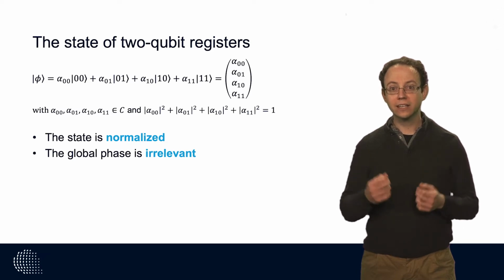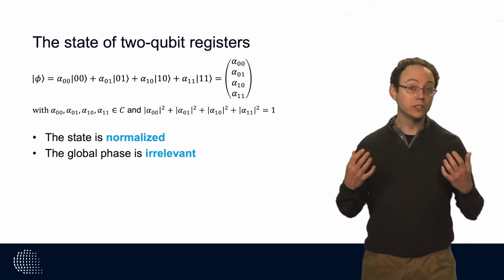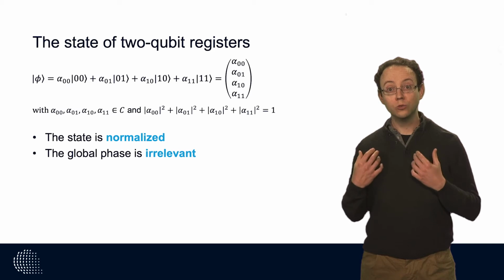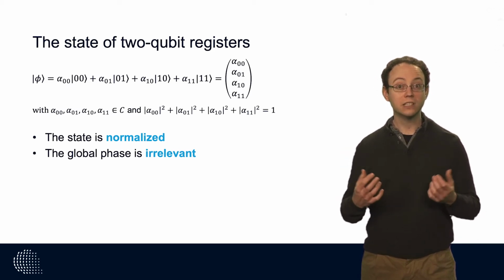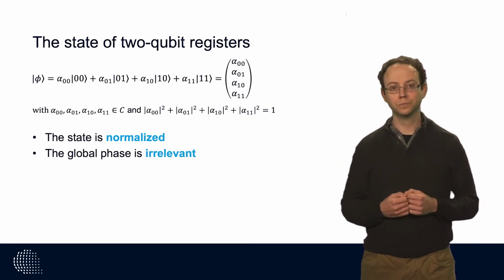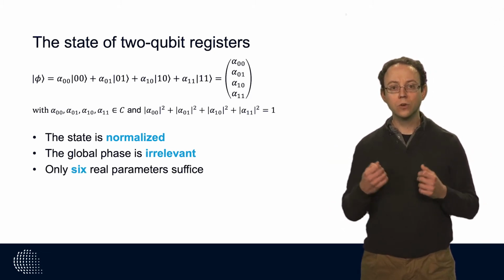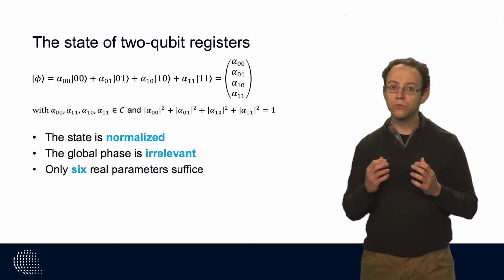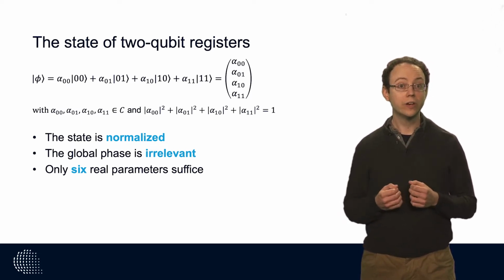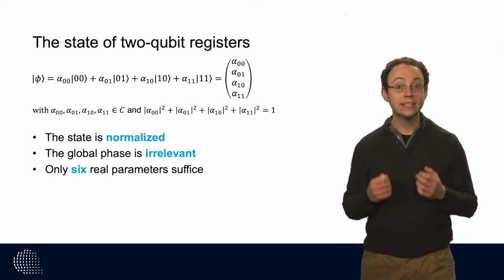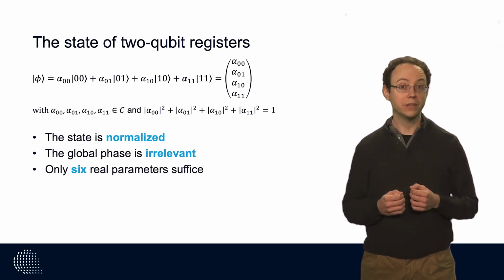And just like in the case of a 1-qubit universe, in a 2-qubit universe, the global phase of the 2-qubit system is not relevant. Okay, so that means that the full description of a 2-qubit state requires us to specify 6 real valued parameters.